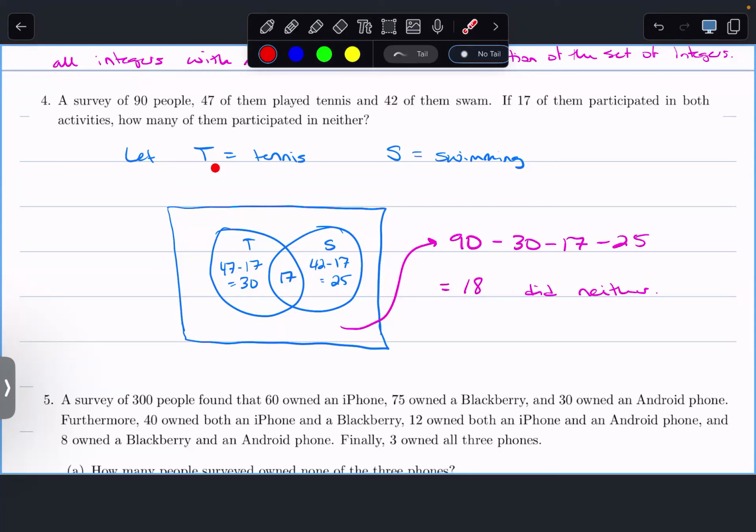Notice that I used T to denote tennis and S to denote swimming. I found that this area of 30 are the ones who only play tennis, and 25 only did swimming. But I have a survey of 90 people, so 90 minus 30 minus 17 minus 25, which is 18, did neither.